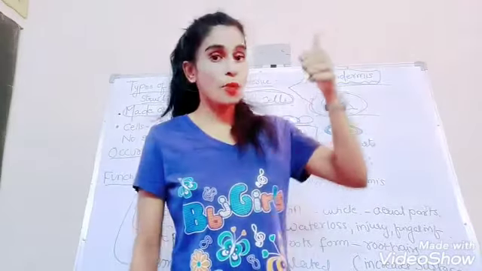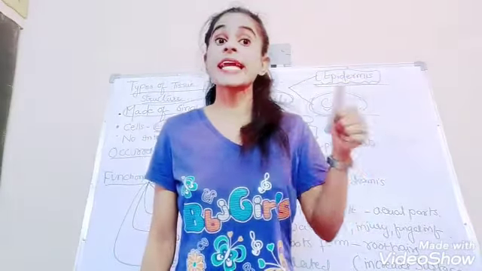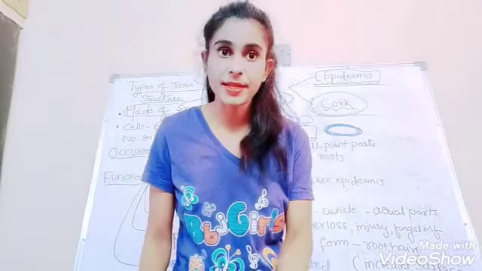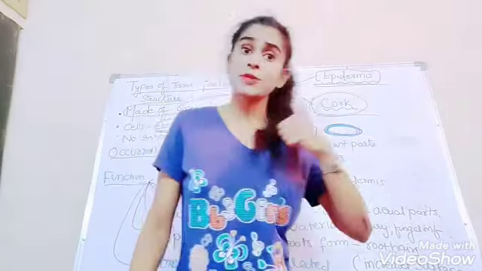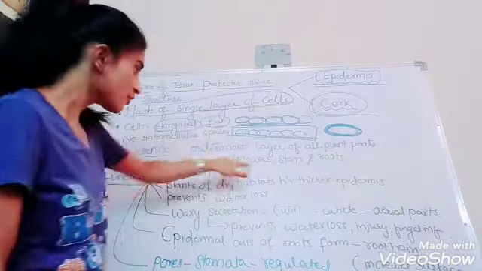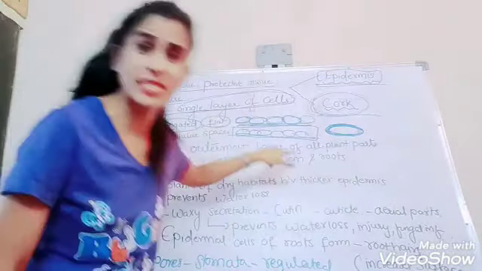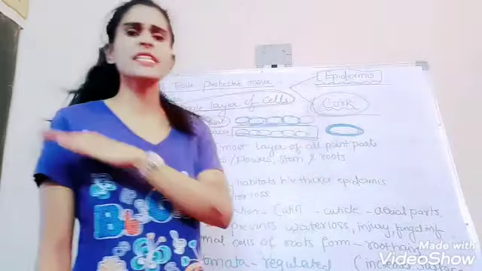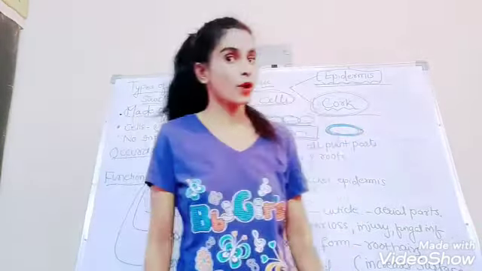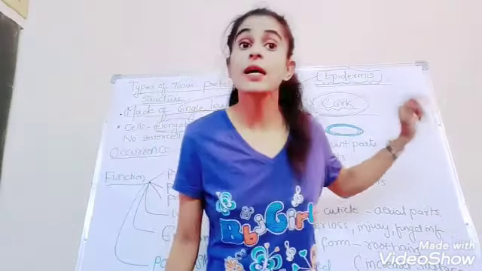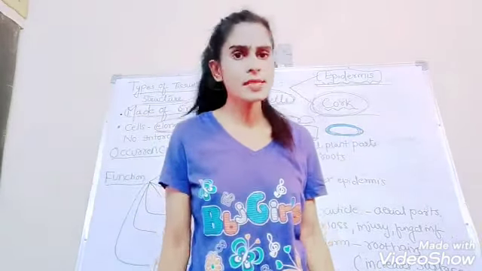Understood? So where is it found? Each and every part of the plant, whether flowers, leaves, stem or roots, to provide protection. And what is the structure of epidermal cells?